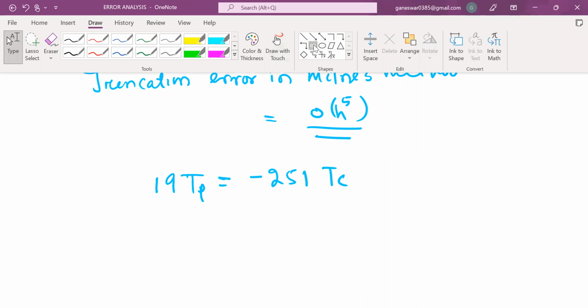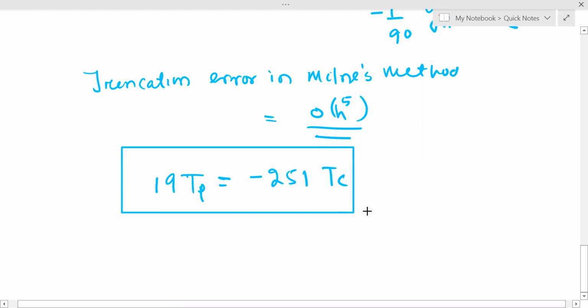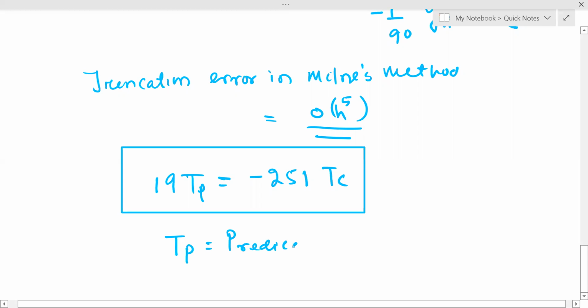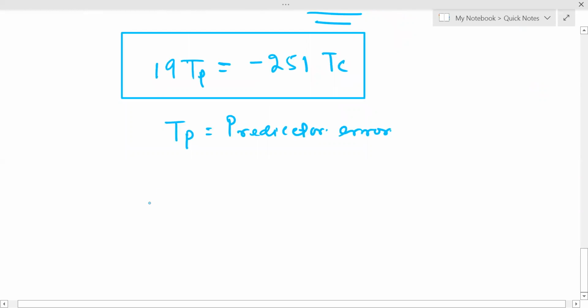What are those? What is the relation of this function? That is predictor corrector. Here, this is the fifth order error of the Adams-Bashforth method. Predictor error is TP. And TC, corrector error.